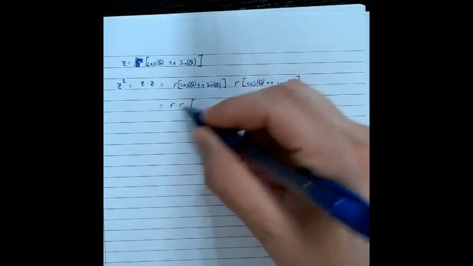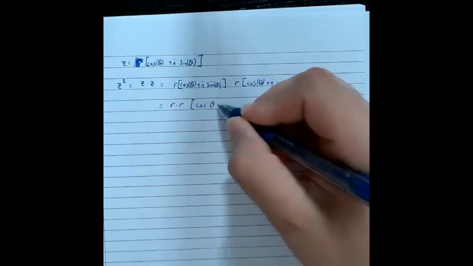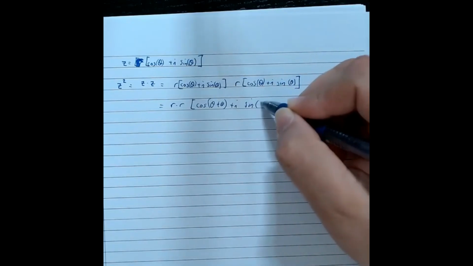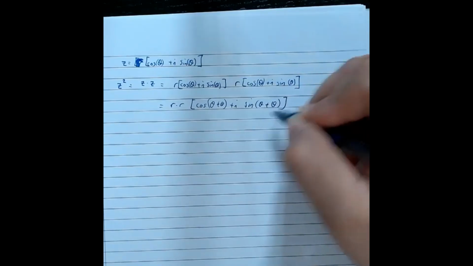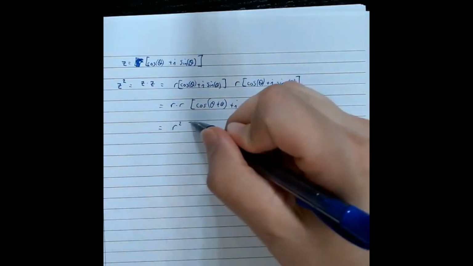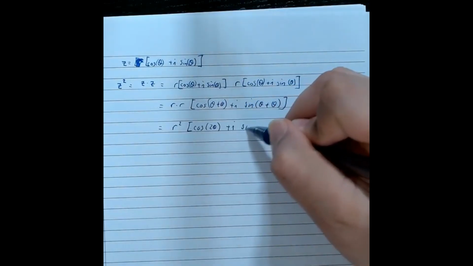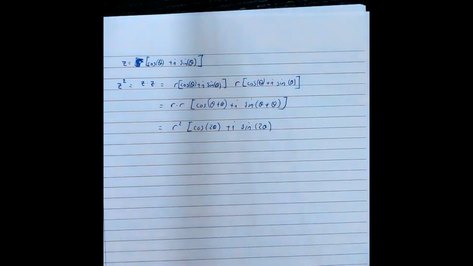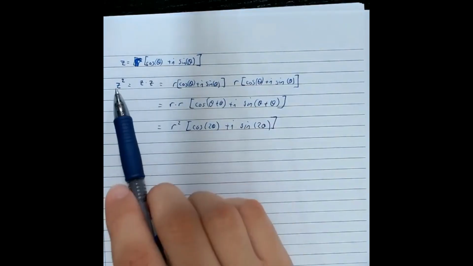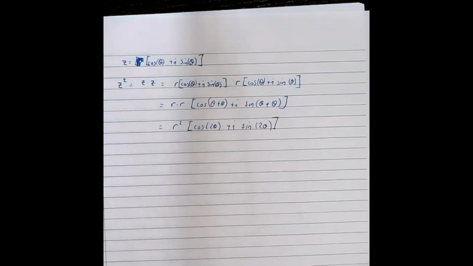So that would be r times r, times cosine of theta plus theta plus I times the sine of theta plus theta, which of course can just be written as r squared times cosine of 2 theta plus I sine of 2 theta. So what that means is if you have a complex number in its polar form, to square it, you just need to square the modulus and double the argument.